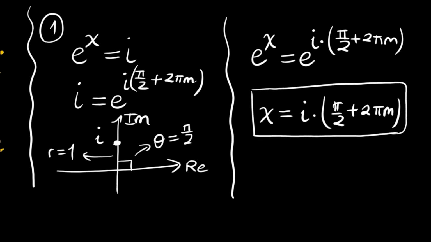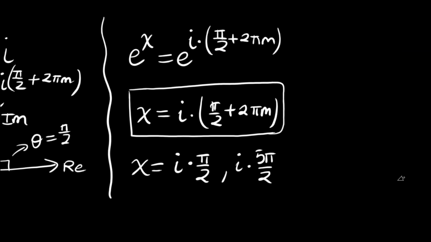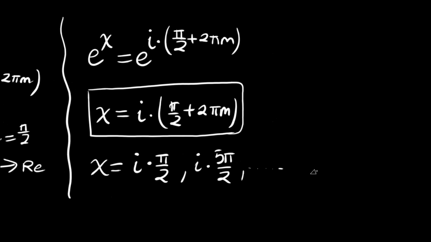If m is equal to 0, x is equal to i times pi over 2. Or if m is equal to 1, x is equal to i times 5 pi over 2, I guess. And so on and so forth. We have infinitely many solutions for this x.